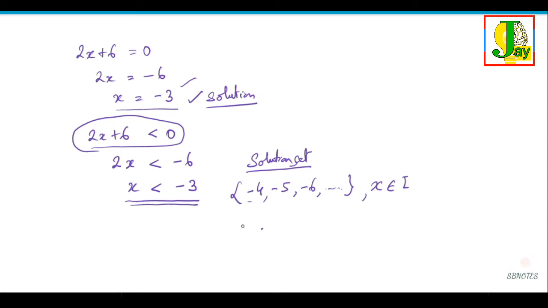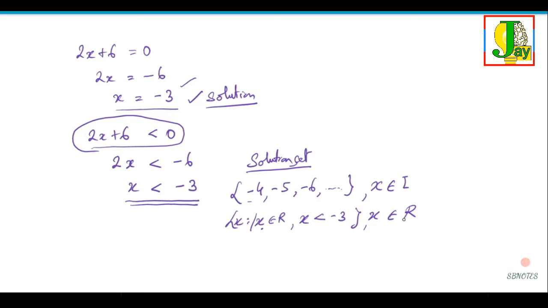This same solution set will change when x belongs to real numbers. Now real numbers, we can't write all the way, right? So we have to write it in set builder form: x such that x belongs to real numbers and x is less than -3.